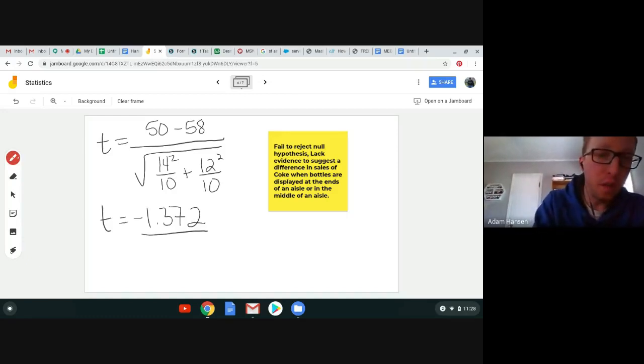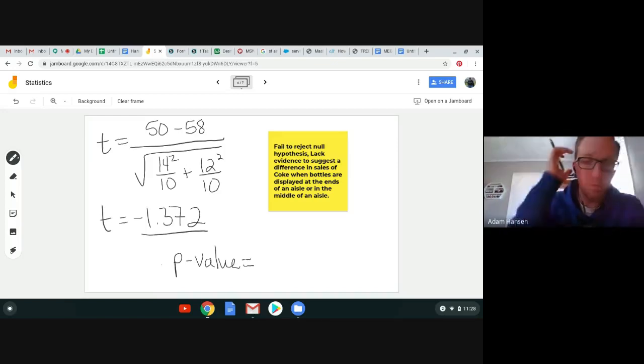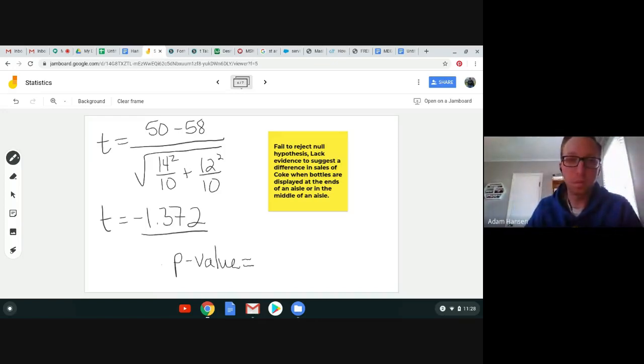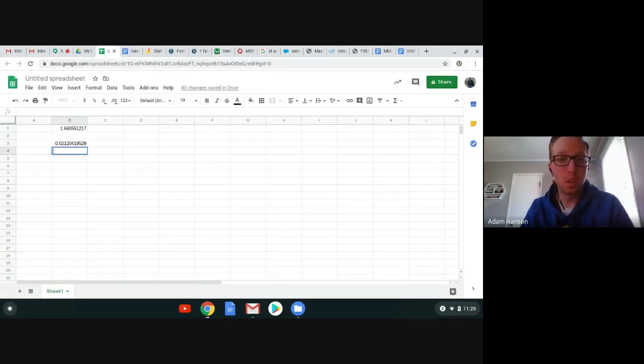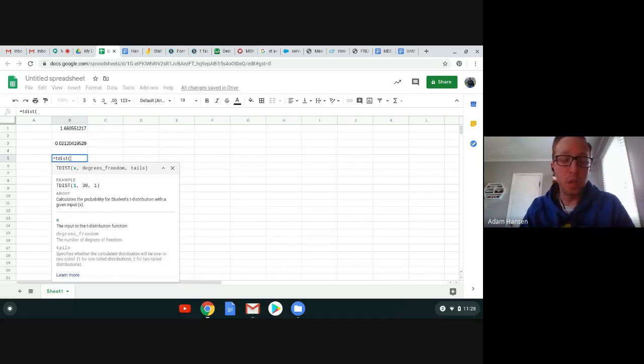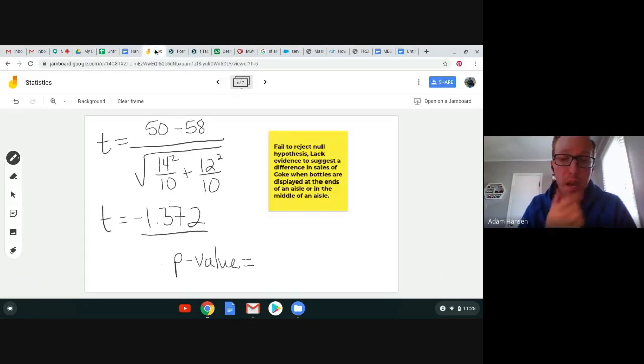Okay, so for our p-value, we'll go back to Sheets. And t-dist. Now the way Sheets does this is that it always wants you to input a positive t-score, 1.372. The area above positive 1.372 would be the same as the area below negative 1.372.